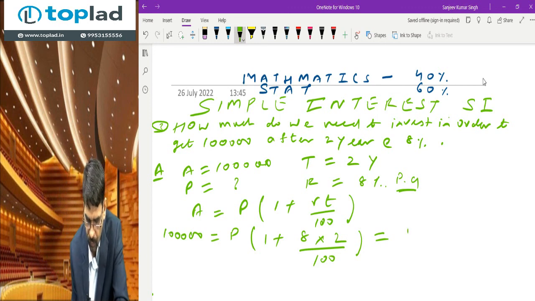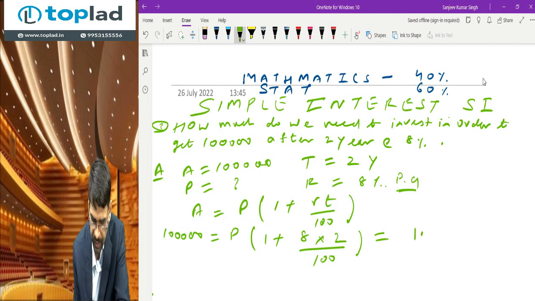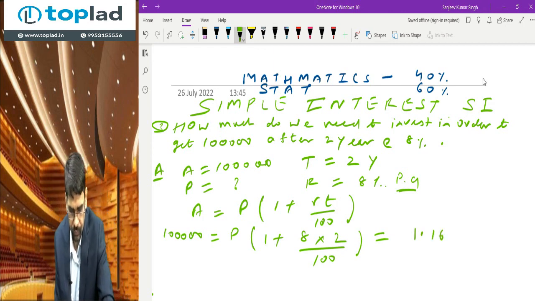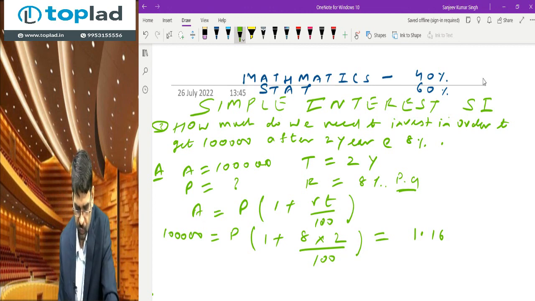So you solve this bracket, 1.16, solve this bracket.